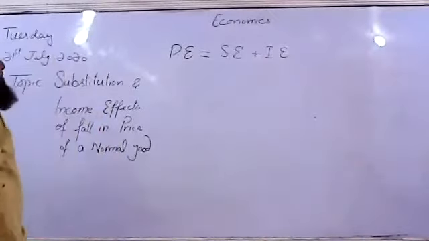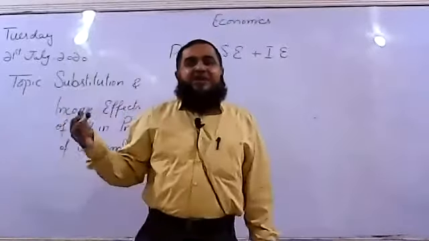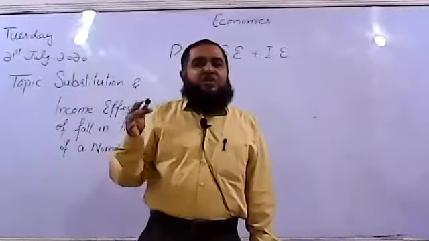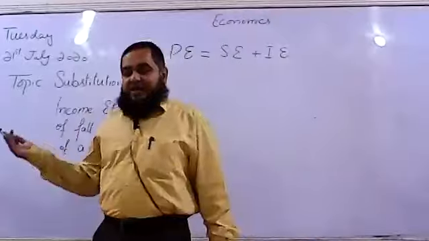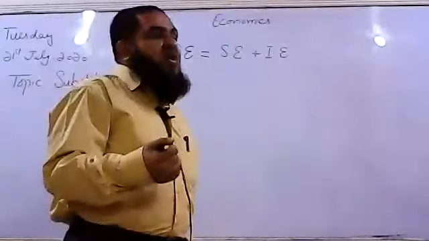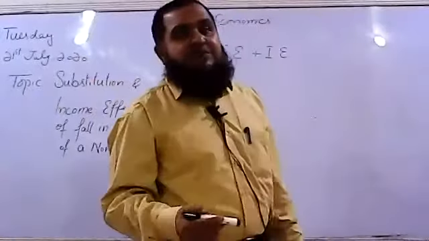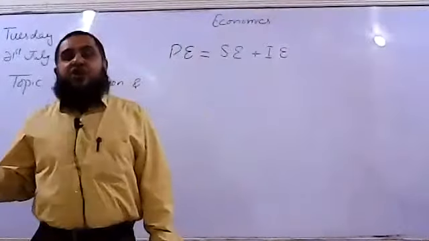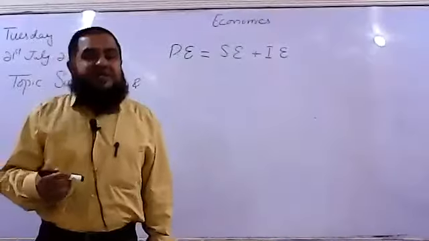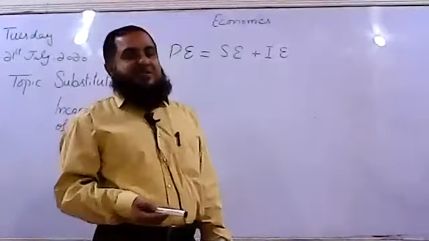Whenever the price of a commodity decreases, it becomes relatively cheaper than another good. Suppose X's price has gone down, so the consumer will consider that X has become relatively cheaper than commodity Y, whose price hasn't changed. So he will substitute Y with X.